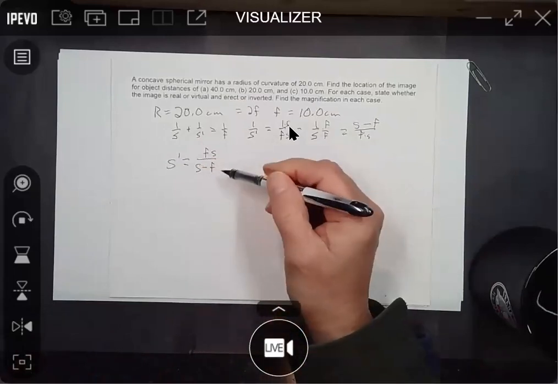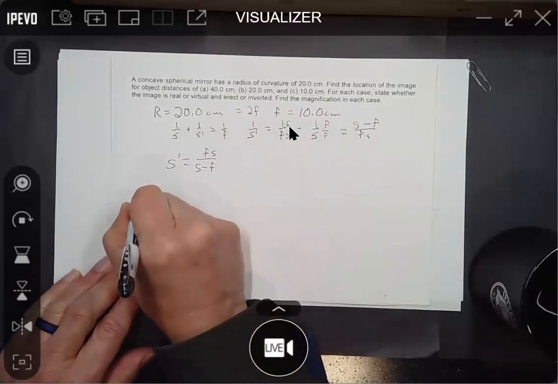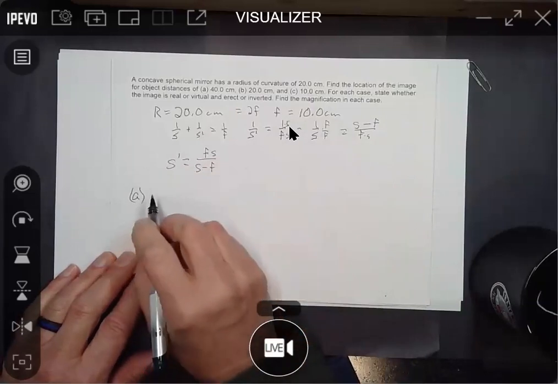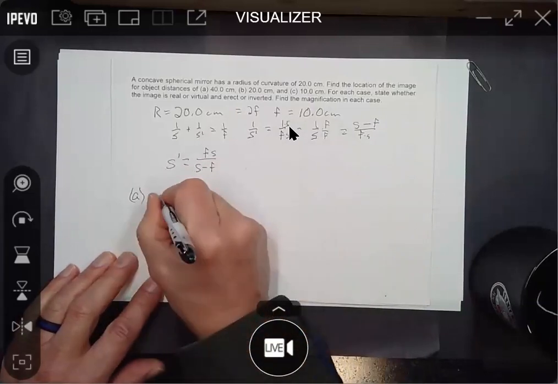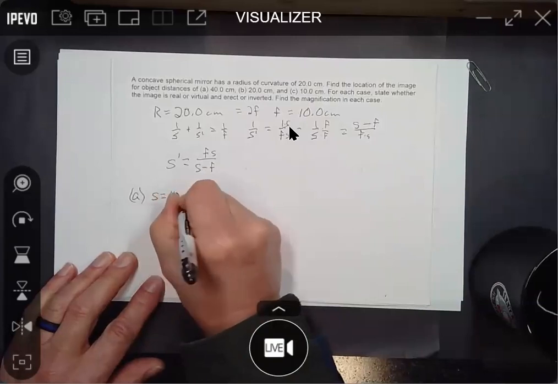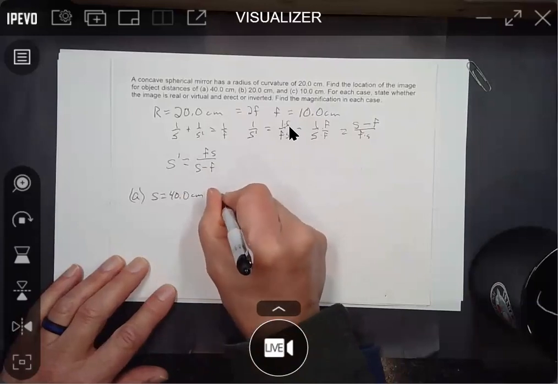Okay, well, that's kind of nice. Now I can just plug into this and see what I get. So for A, now remember, F is 10 centimeters, but for A, I have S equal to 40.0 centimeters.